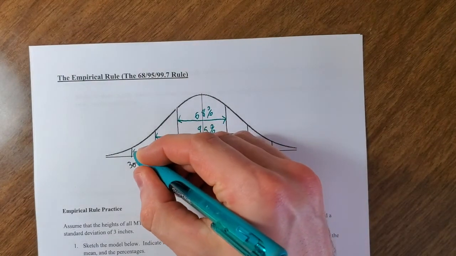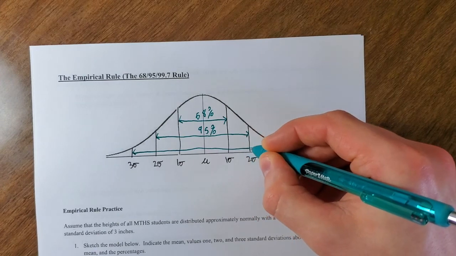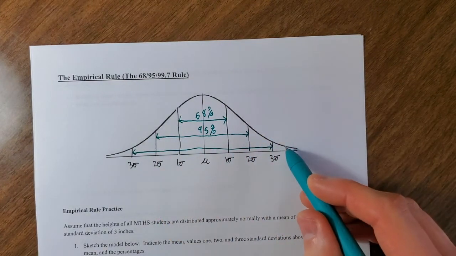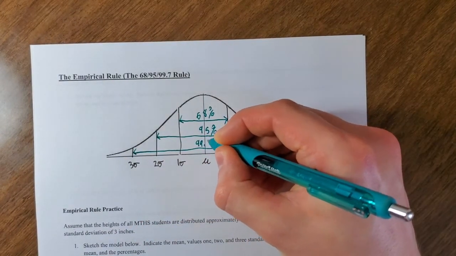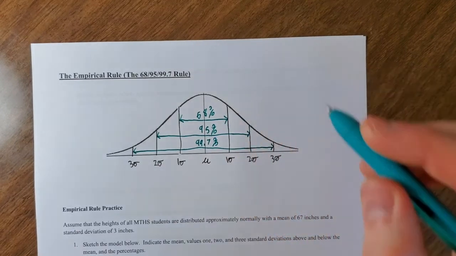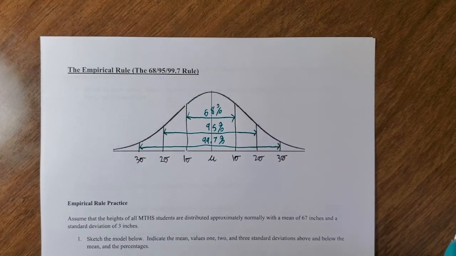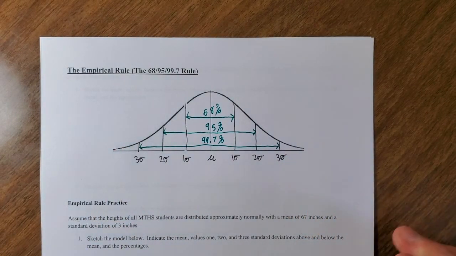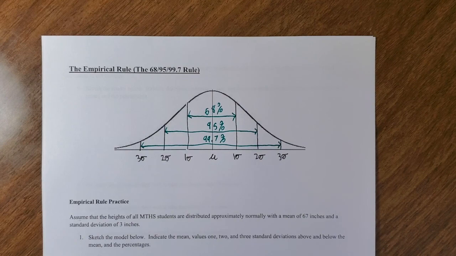And then our last one, our third group here, is including everything except for our little endpoints here, which adds up to 99.7% of our total observations. So that's why we typically only look at 3 standard deviations away from the mean. These 2 groups on the outside make up 0.3% of all the observations. So it's really likely that stuff is going to fall within those 3 standard deviations away from our mean.